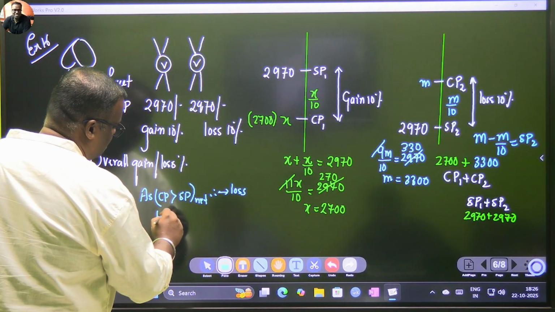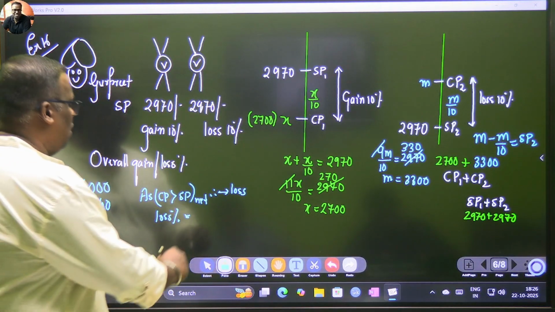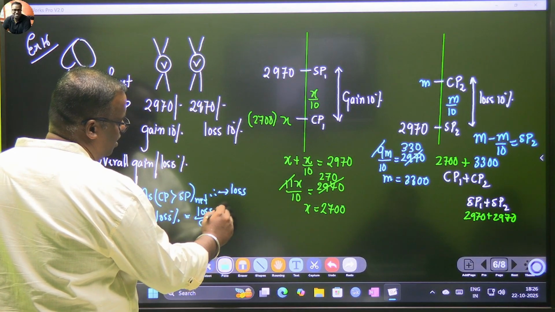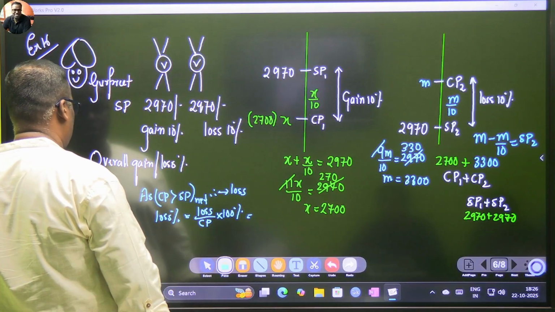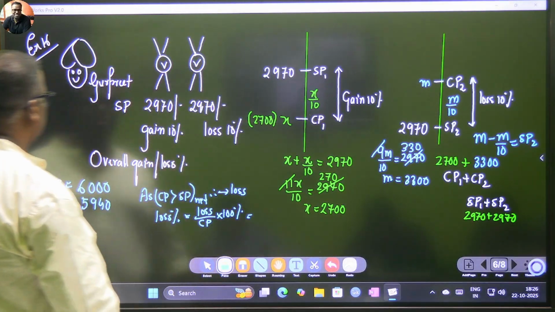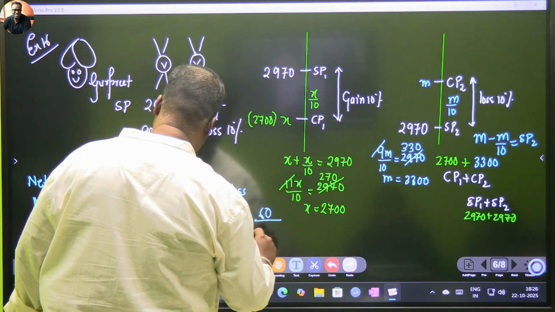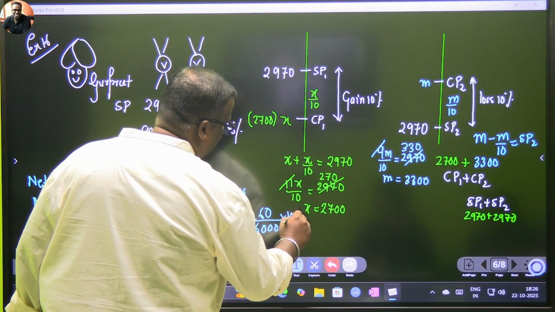So loss percent will be equal to what, beta? Loss percent will be loss, and loss is always measured over CP, into 100%. So how much is your loss? Your loss is 60. Very good, Ryan, excellent. 60 divided by 6000, into 100%.